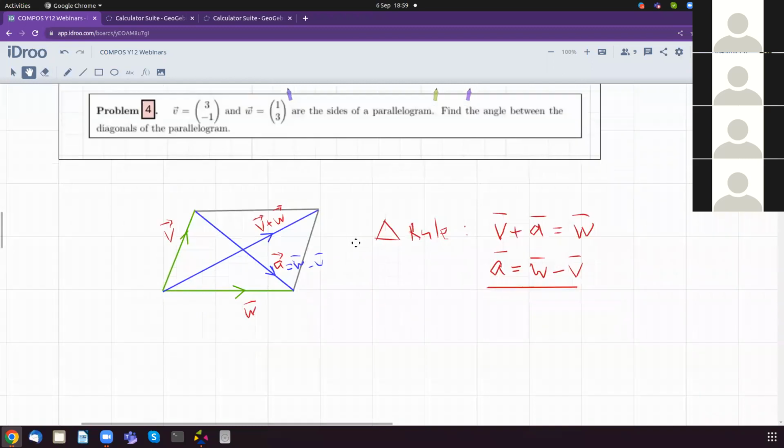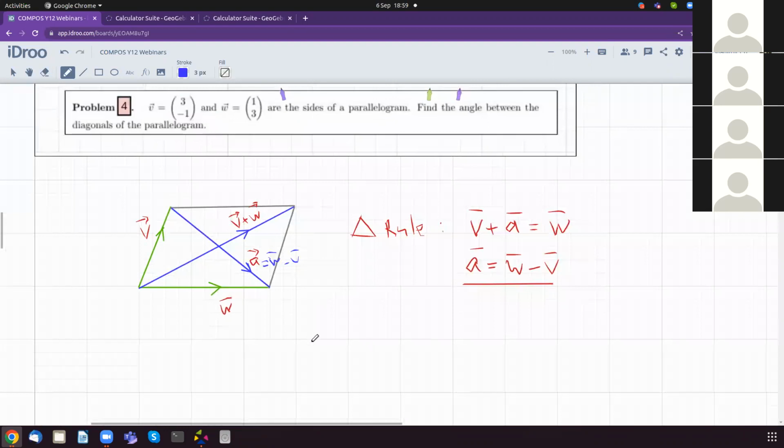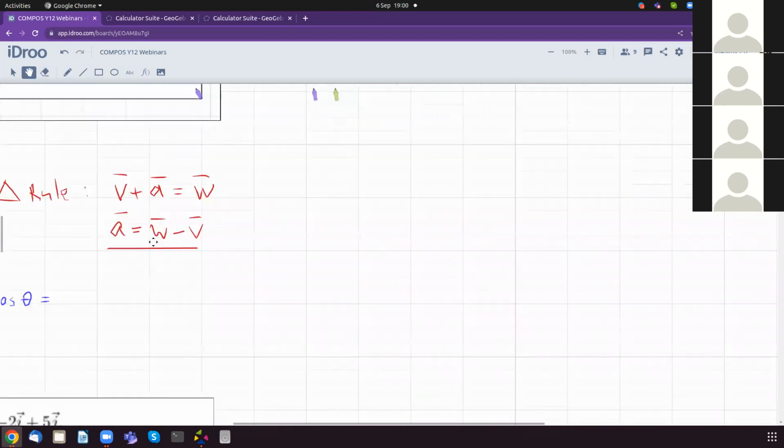Now to find the angle between the diagonals of the parallelogram, we use the formula with the cosine. So this is the angle theta. Cosine of the angle between two vectors is given by the scalar product of these two vectors. Let's just do it for any vectors.